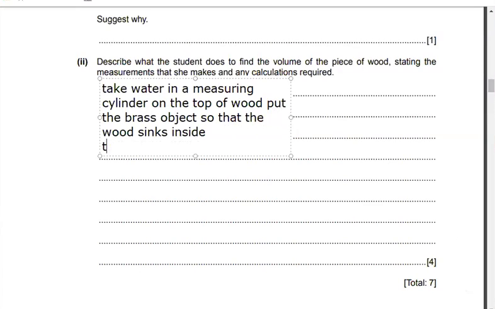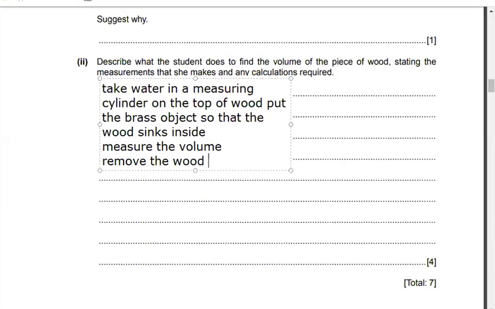Okay, then measure the volume, then remove the wooden object and measure the volume.